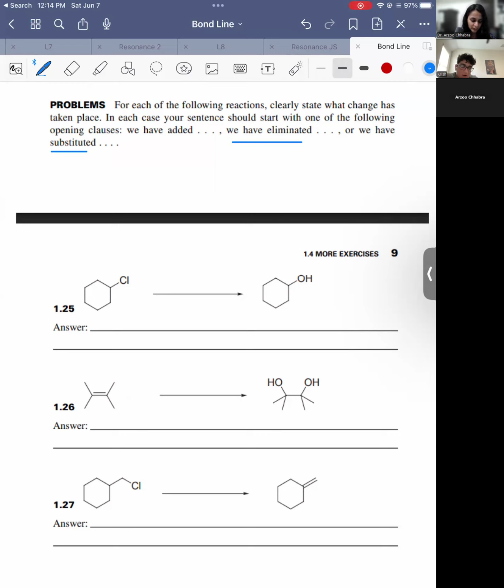Is that the only two possible? There can be addition as well. So it'll either be addition, elimination, or substitution.